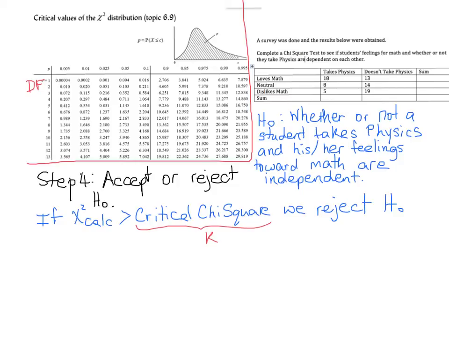So for example, I want my test to be done at the 5% significance level. At the 5% significance level, there's only a 5% chance that my results for my test would be incorrect. So I'll have 95% confidence that my test is accurate at this level.